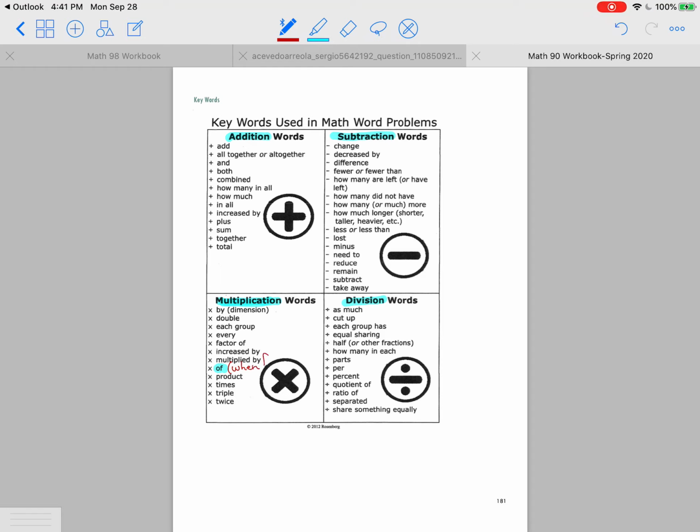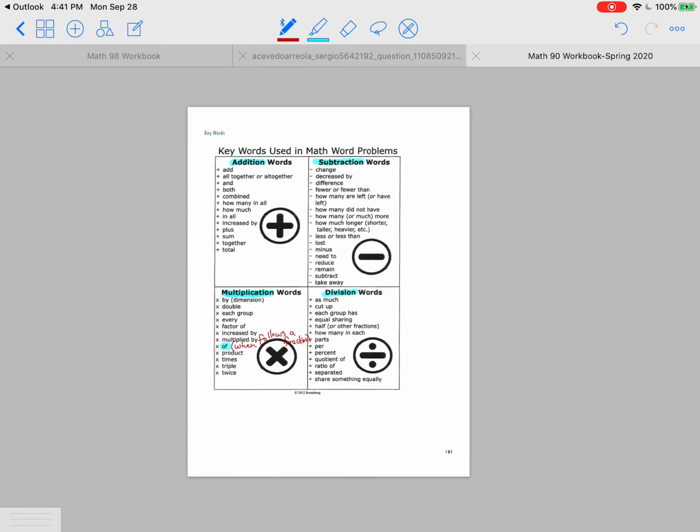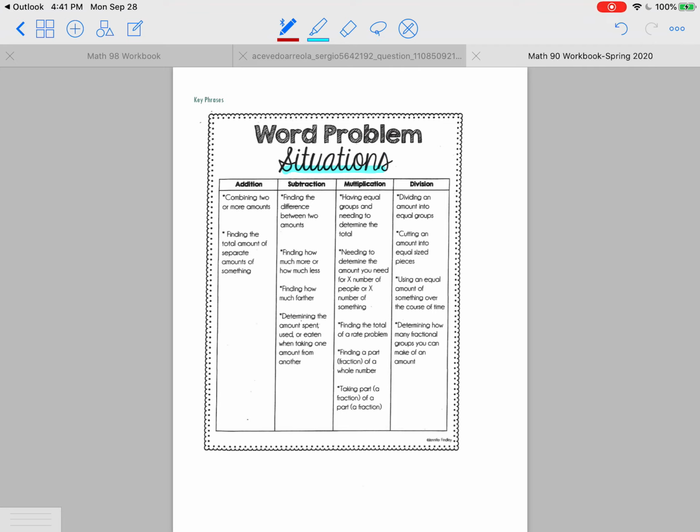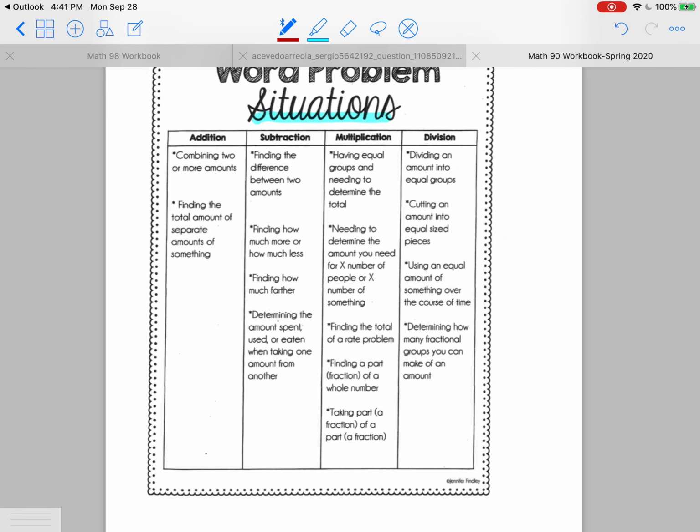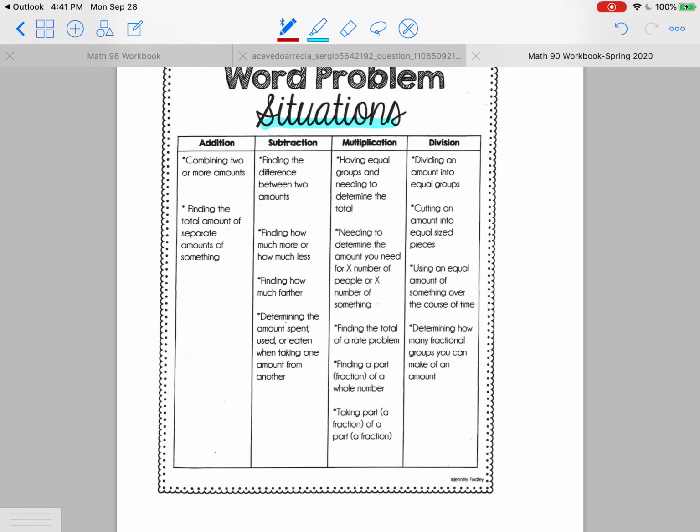Really, of means multiply when it follows a fraction. This is a little messy here. When it follows a fraction, it doesn't always mean multiplication, right? So we know that there are always differences and changes, and sometimes it's not what we think it is. So memorizing words is not always the best way to go about things. Thinking about a situation, though, is maybe a little more effective.